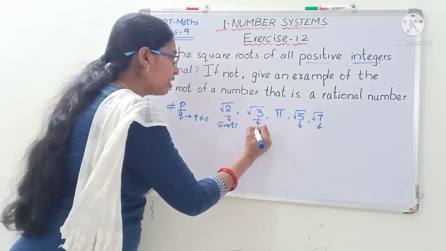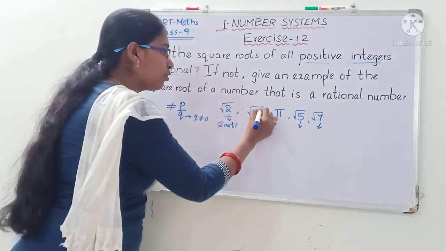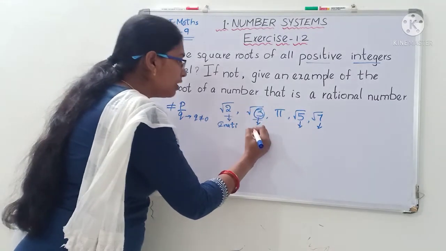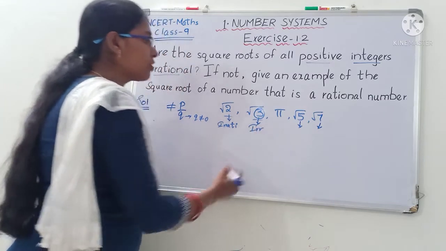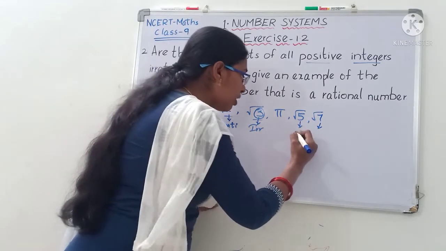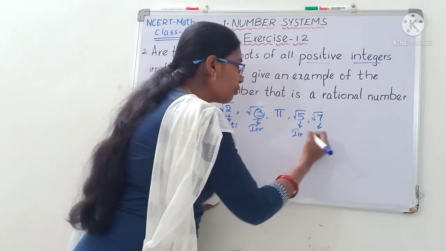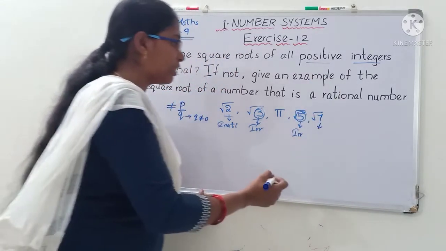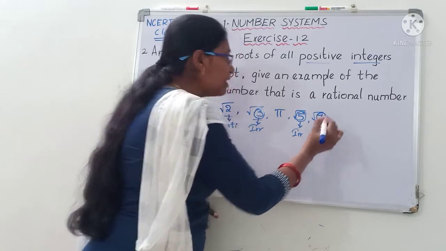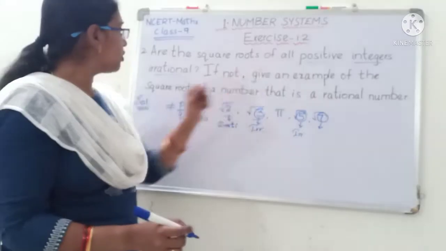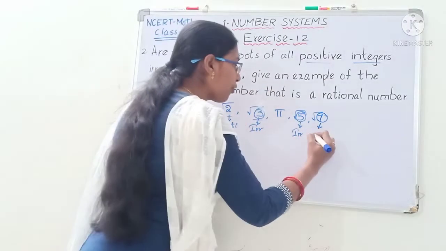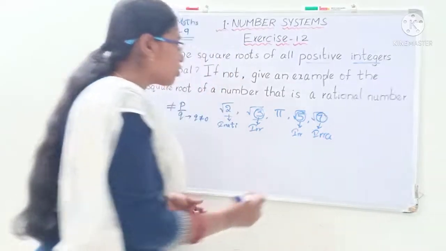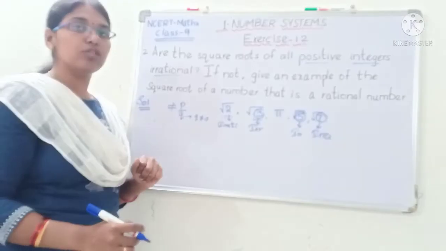Root 3 is irrational. Root 5, 5 is a positive integer and root 5 is an irrational number. Root 7, 7 is a positive integer and root 7 is an irrational number. So can you tell that this statement is true, children?